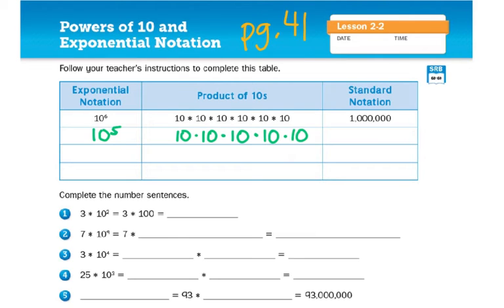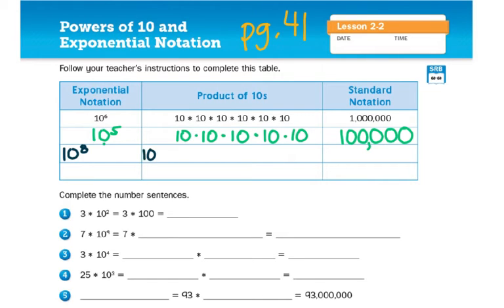In standard notation, that would have the number 1 followed by 5 zeros. 1, 2, 3, 4, 5. I start from right to left and count every third digit. I put in a comma, 1, 2, 3, comma. So in standard notation, 10 to the 5th power would be 100,000. All right, let's write 10 to the 8th power.